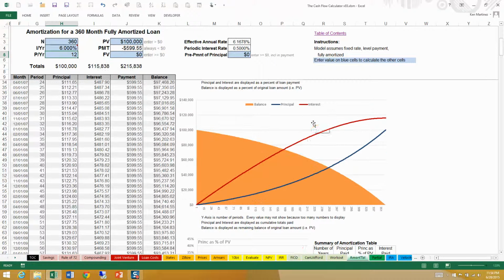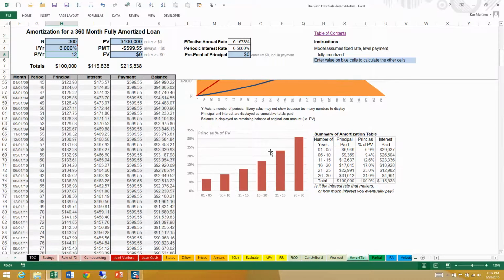Anyhow, there's some guidelines on how you interpret these graphs and really what they mean. I have a table here that adds up the total amount of principal in 5-year increments. So you can see in the beginning there's only about 7% being paid out, and then it increases.